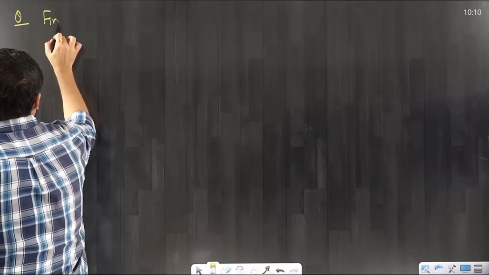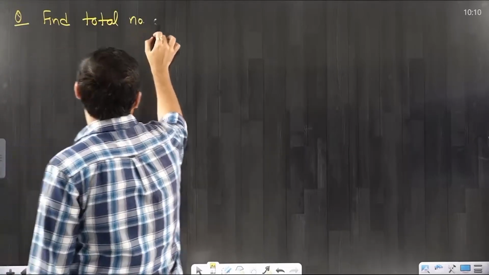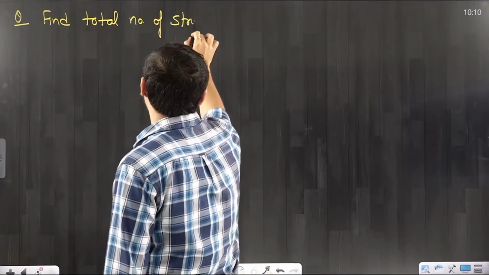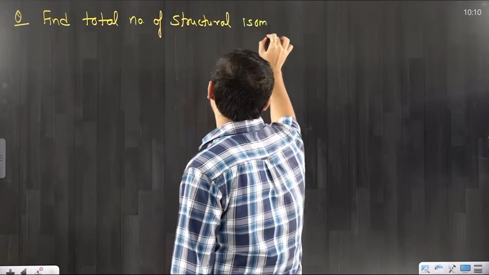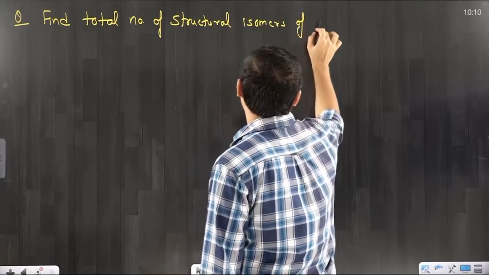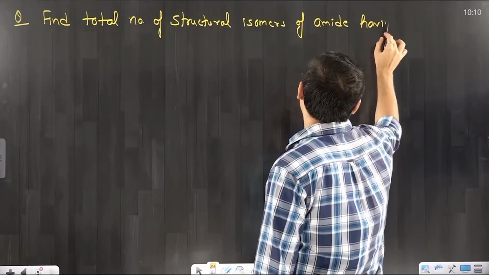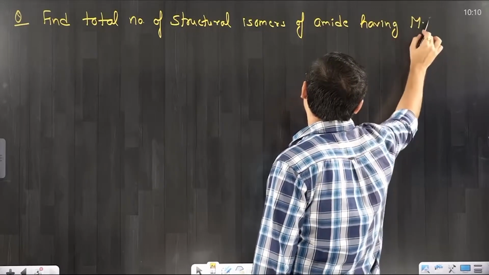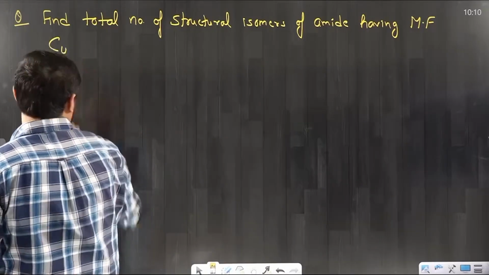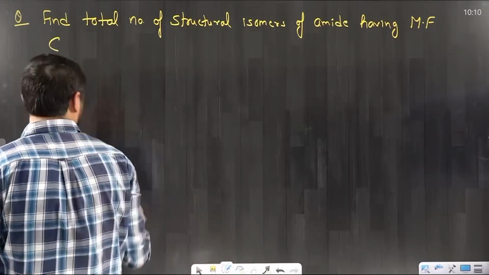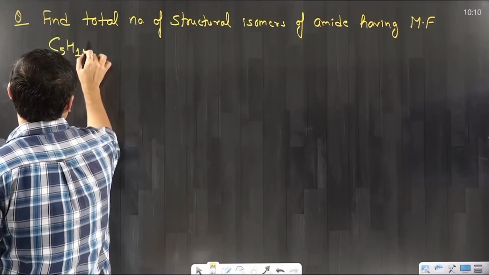Find the total number of structural isomers of amide having molecular formula C5H11NO.